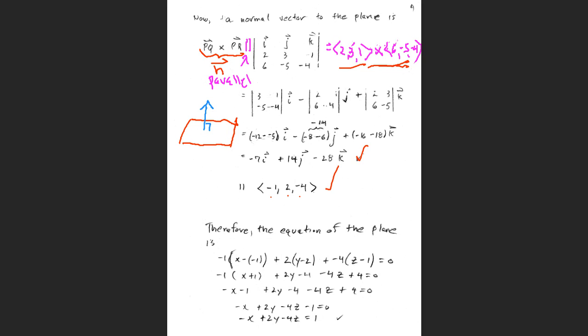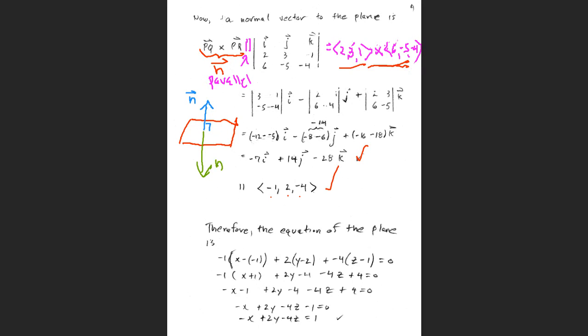And if you reverse the cross product, in other words, instead of vector 2, 3, 1 crossed with 6, -5, -4, if you did vector 6, -5, -4 crossed with vector 2, 3, 1, you would get this vector here.